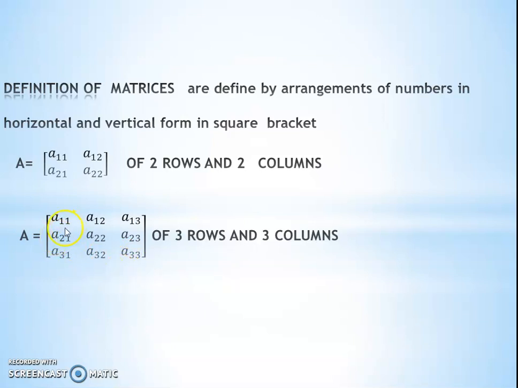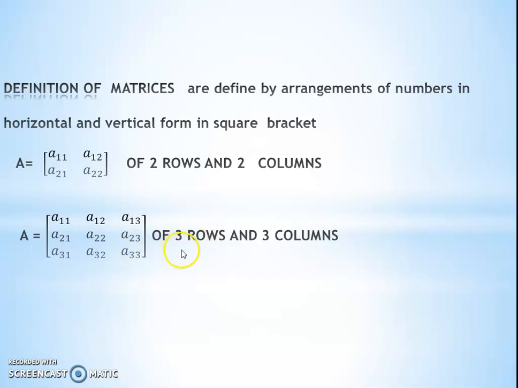A11, a12, a13 is the first row, a21, a22, a23 the second row, a31, a32 and a33 the third row. Now a11, a21, a31 is the first column, a12, a22 and a32 the second column, a13, a23 and a33 the third column elements.